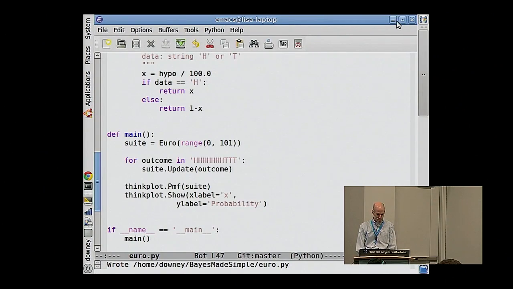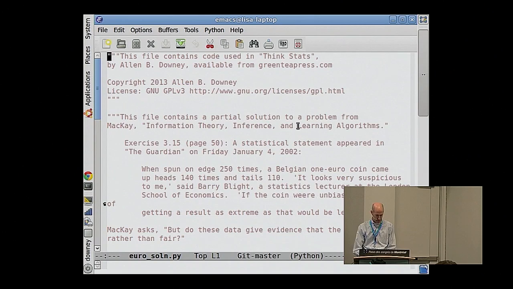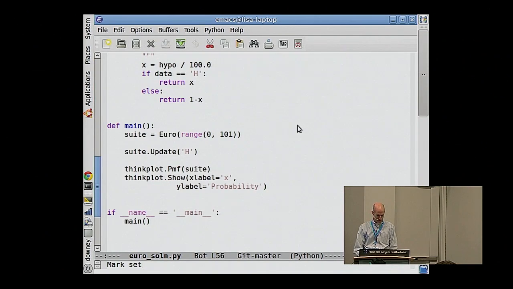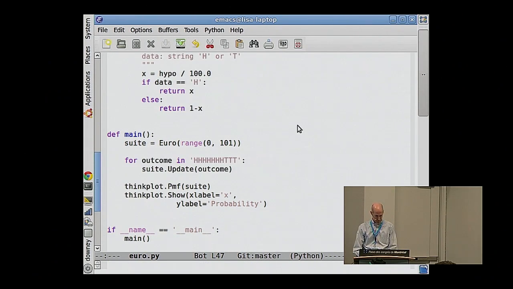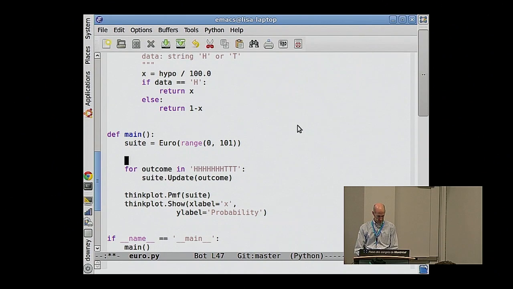And then finally, if you load up Euro solution, I thought Euro solution already had this in there, but it doesn't, so we'll do it live.